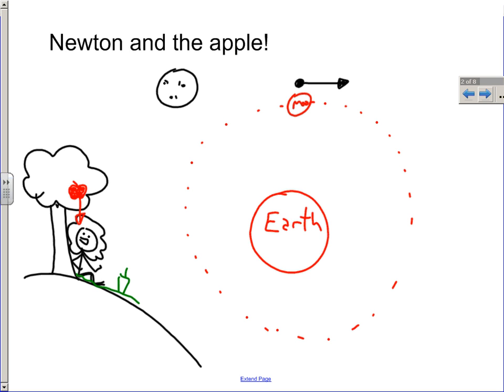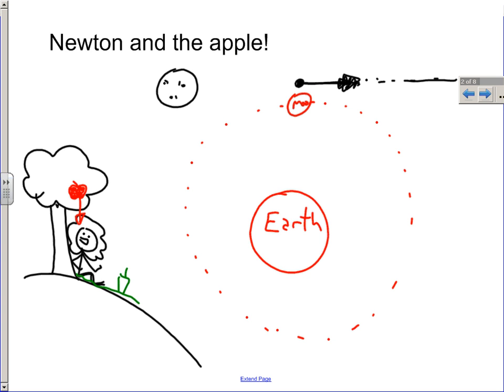So if the moon is right now moving this way, and there are no forces on it, it's going to want to keep moving that way. He had never thought about it this way. What he came to realize was, well, wait a minute. If there's no force on the moon, it's an object just like that apple is. So if there's no force on it, it should just keep moving and follow this line over here.